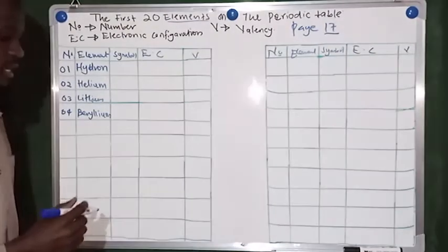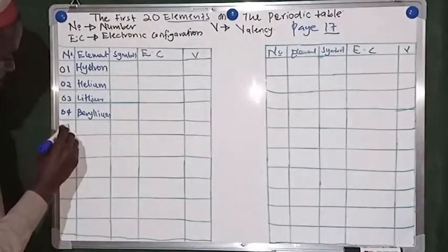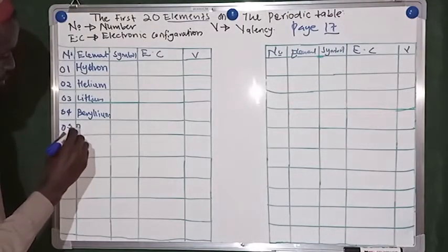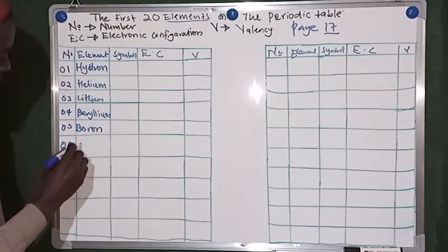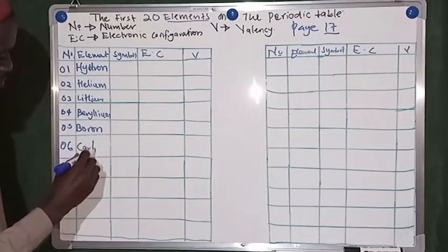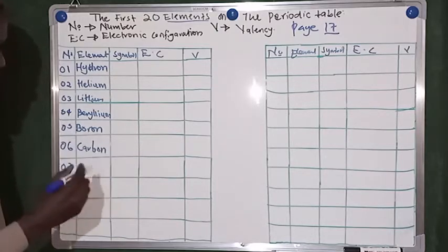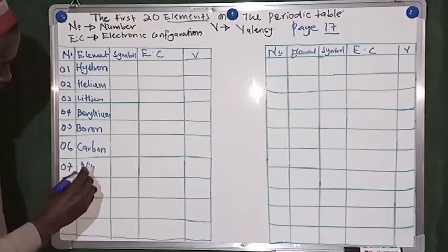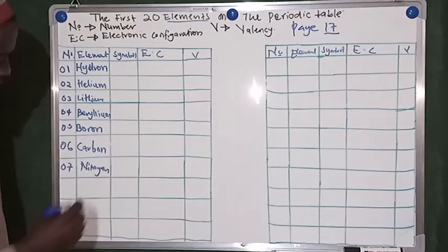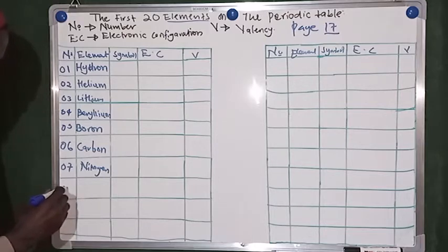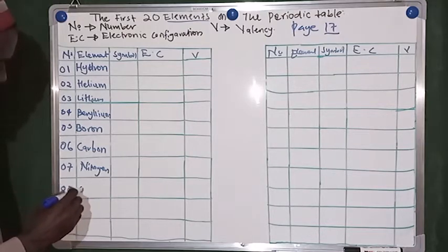Fifth one is called boron. Number 6 is carbon. Number 7 is nitrogen. Number 8 is what you know, that is oxygen.